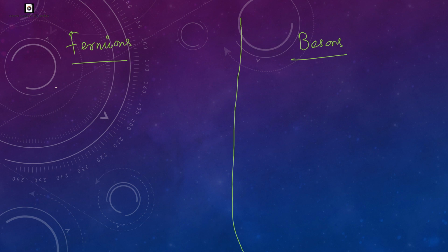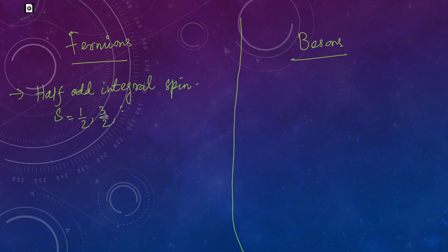Fermions are actually half odd integral spin. That means s is equal to 1/2, 3/2, 5/2, and so on.